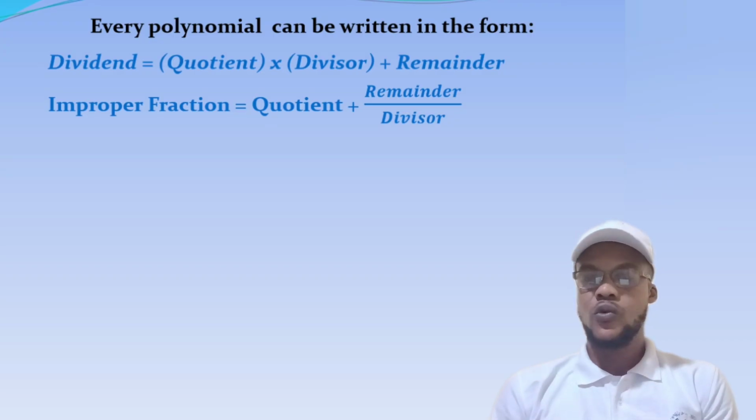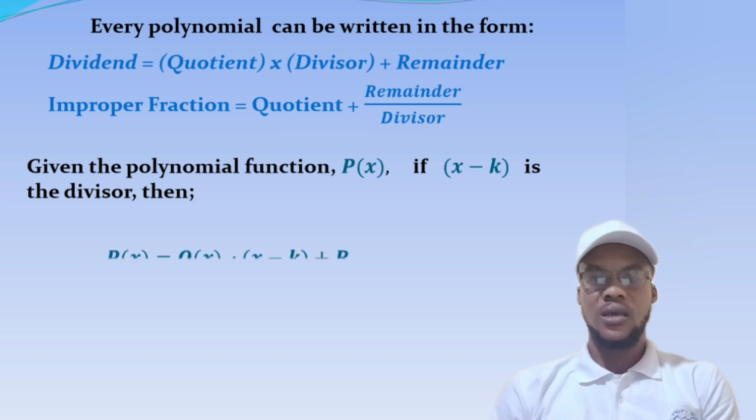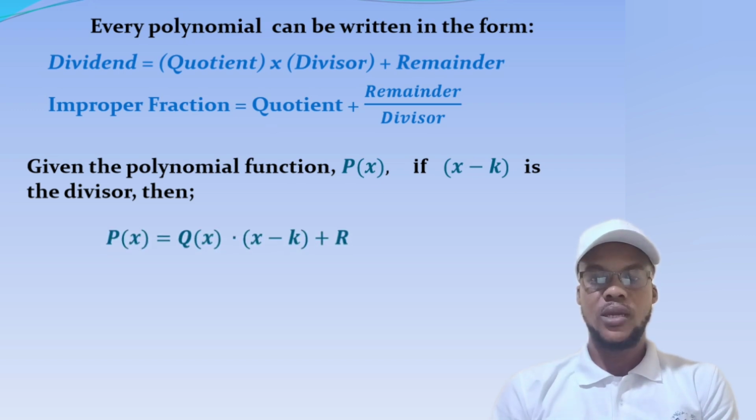So if you have a polynomial function, let's say p of x, and that p of x is divided by x minus k, then we can write the polynomial function as p of x is equal to q of x times x minus k plus r.